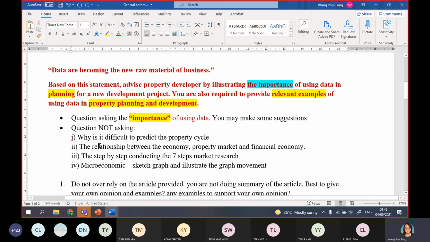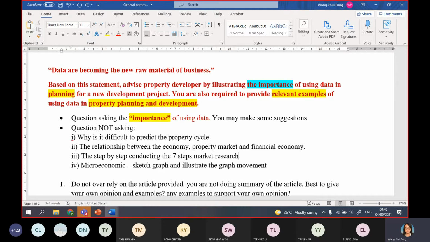Okay? Then the second answer I encountered is where you illustrate the relationship between the economic context, property market, and also the financial market, the three sectors that I mentioned just now. Then you start to tell the story from day one until the end. The question is not asking about the relationship. You can highlight the relationship in one paragraph.